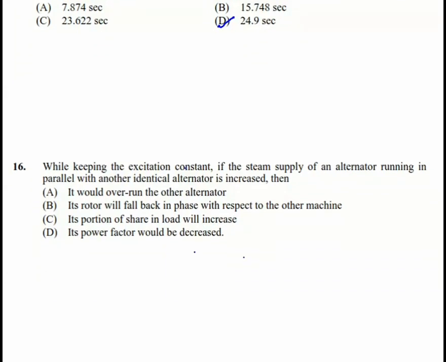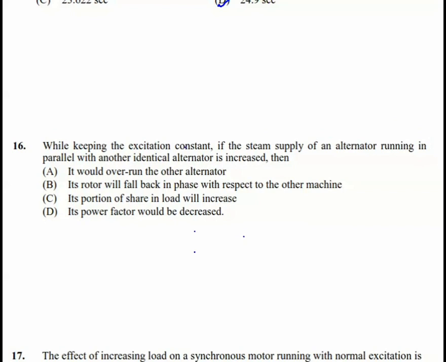and this question here, the 16th one, while keeping the excitation constant, here excitation constant means the kVAR is constant, if the steam supply of an alternator running in parallel with another identical alternator is increased, that means steam supply is increased of one alternator, which will cause an increase in kilowatt, that is the power supplied by the machine will increase here.